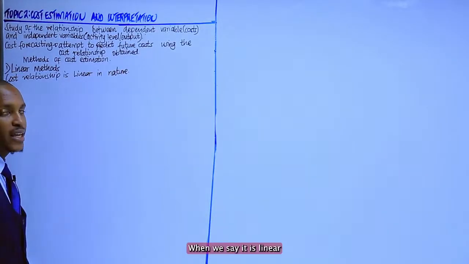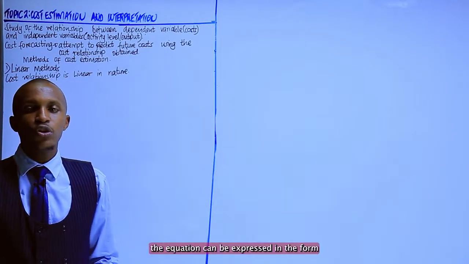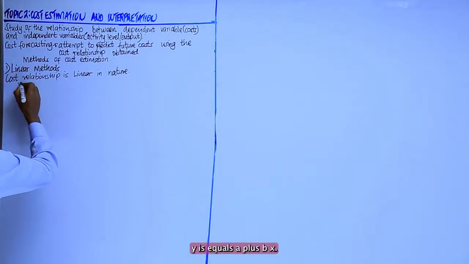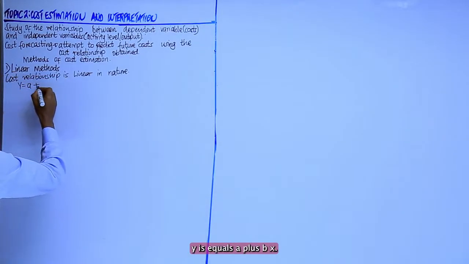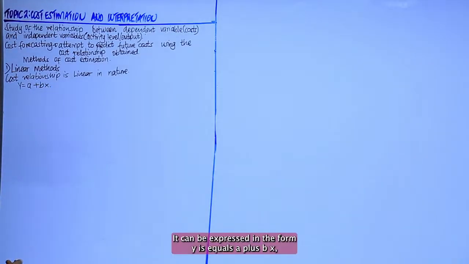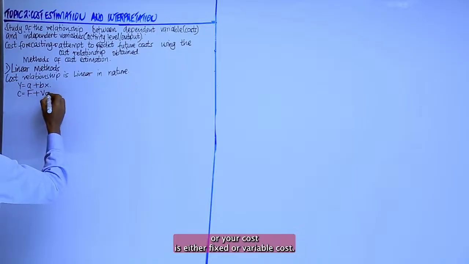When we say it is linear in nature, we basically mean that the equation can be expressed in the form y is equals a plus bx. Your cost is either fixed or variable.